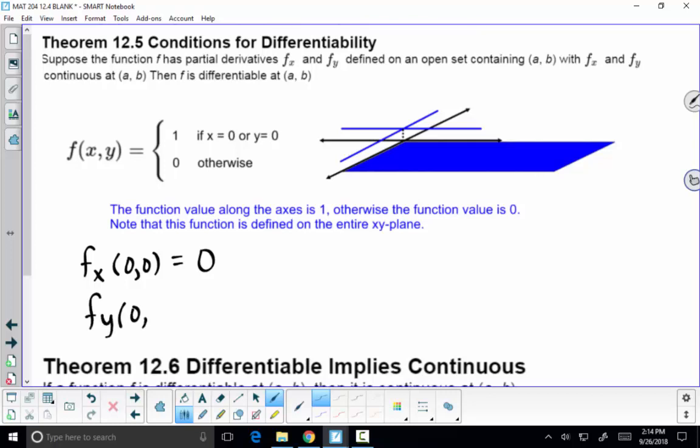What about if you approach the origin along the y-axis? Still 0. So now, there's a part of us that wants to say, oh, if both partials exist and are equal, it's got to be differentiable. But would you ever want that to be a differentiable surface? No, it's got a big tear in it. It's discontinuous.